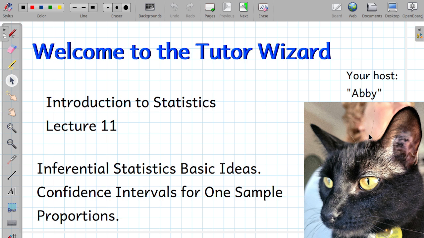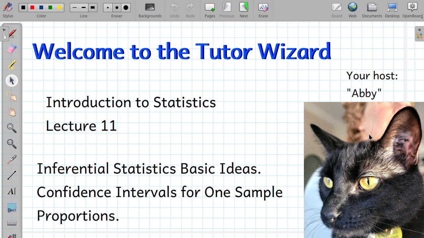So for lecture 11 tonight, we're moving into inferential statistics, which should run out the rest of the course. So we're going to look at the basic ideas of inferential statistics in this lecture. And then we're going to slide over to the first of many topics under that subtitle, confidence intervals for one sample proportions.